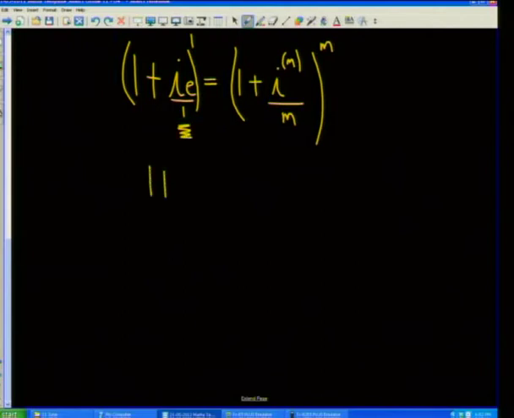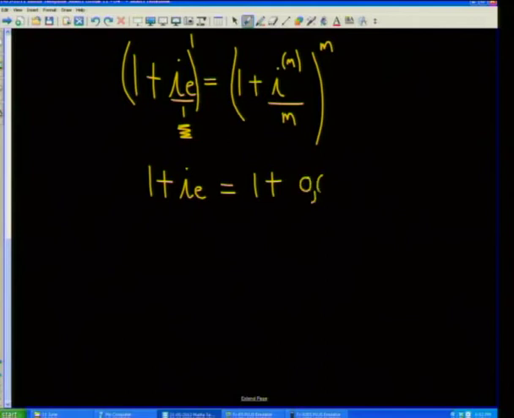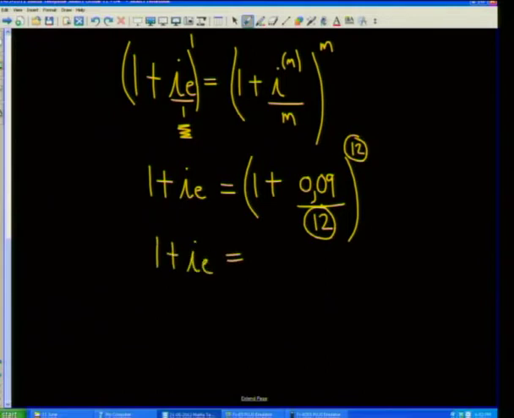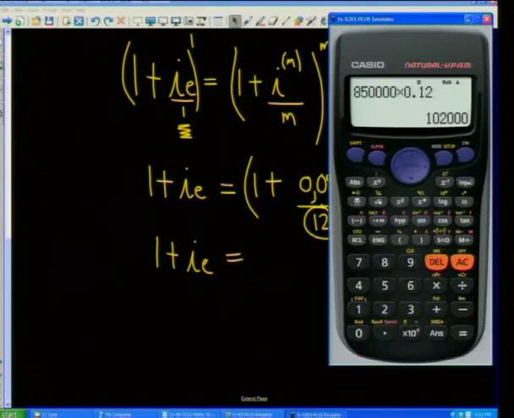So I'm going to have 1 plus i effective is equal to 1 plus, and she was told that it was 9% per annum compounded monthly, so it's divided by 12, and we are going to raise that to the power of 12 because the bank manager would have come out 12 times in the year. Right. So now, guys, unfortunately, it's off to the calculator, so off we go.